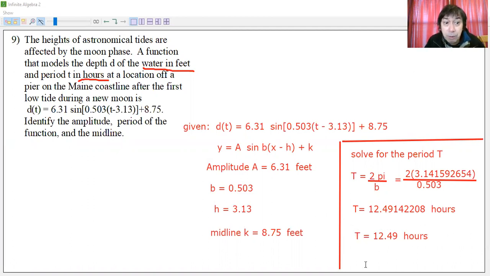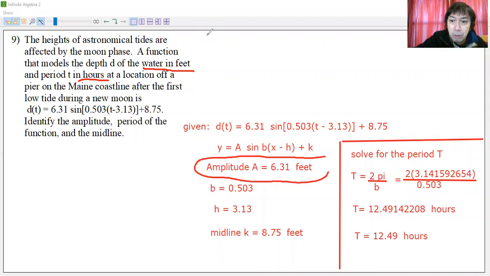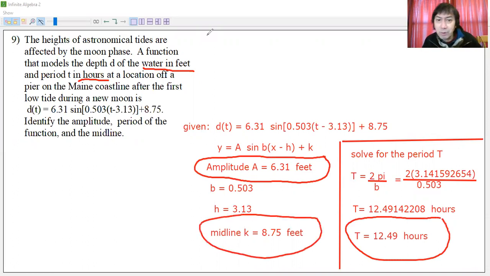We're asked to get 3 items only, namely the amplitude, the period, and the midline, yes, there. So the amplitude and midline are so easy to see if they're present in the equation, okay? But the period has to be computed. All right, and so these are the answers. We shall check and verify the answers.